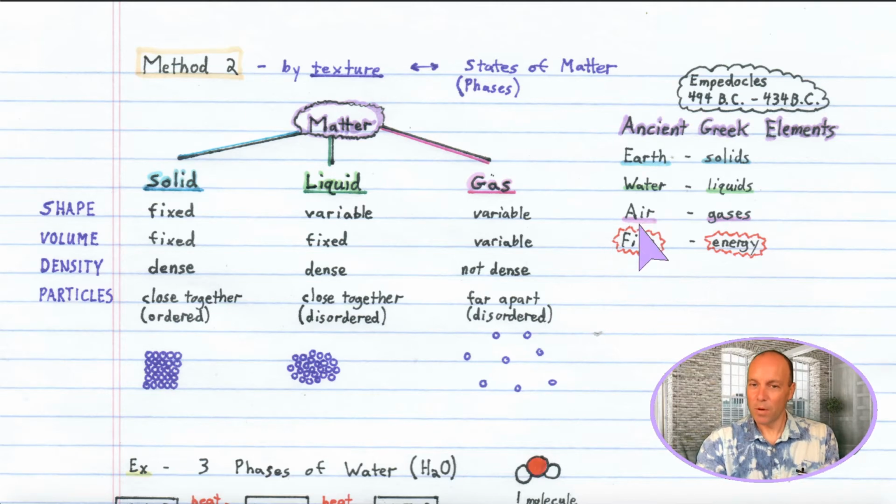There was a fourth element that Empedocles mentioned called fire, and this was a special element. It helped instigate change among the other three. So fire was a special element that caused substances to change. For instance, if you have some liquid water and you heat it up, it will eventually boil into water vapor.